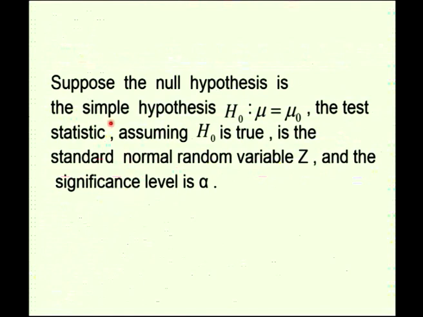Suppose the null hypothesis is the simple hypothesis H naught: mu is equal to mu naught. The test statistic is the standard normal random variable Z, assuming H naught is true, and the significance level is alpha.